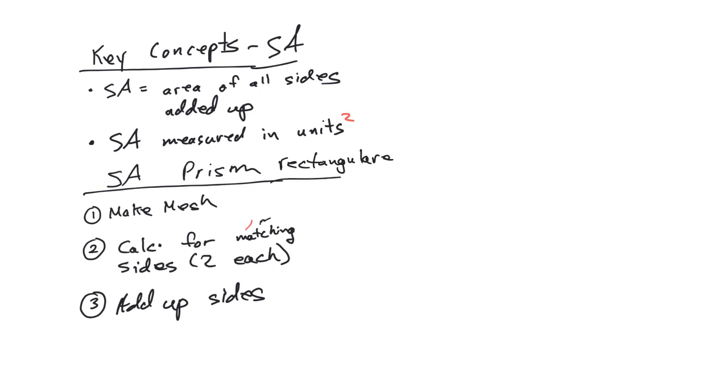You need to make a mesh, and you need to make sure that the mesh sides are labeled. You need to calculate the matching sides for each shape. All right? And when you calculate it, you're literally just calculating the area. And then all you have to do is add up all the sides' areas.